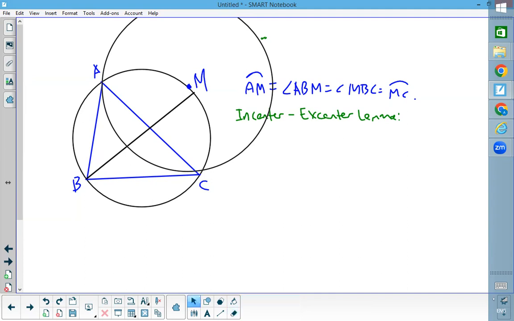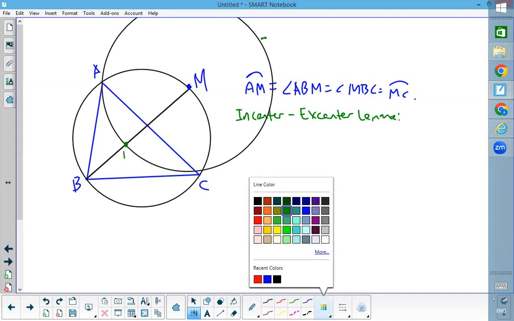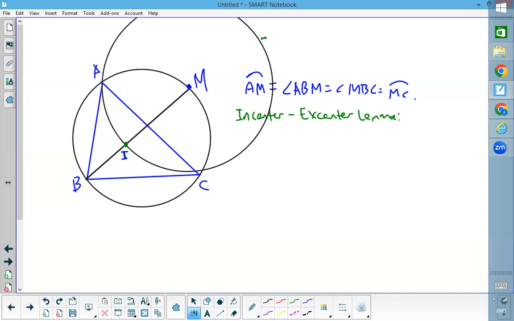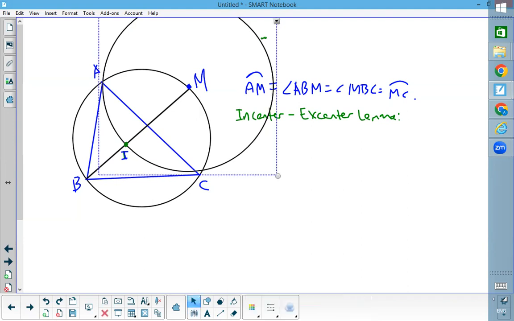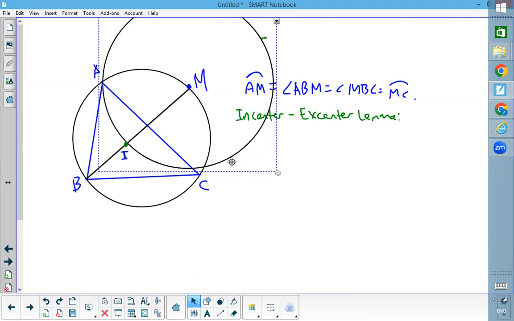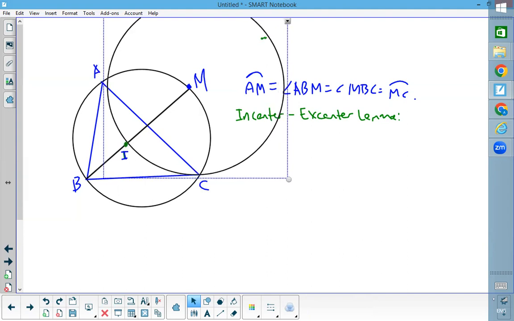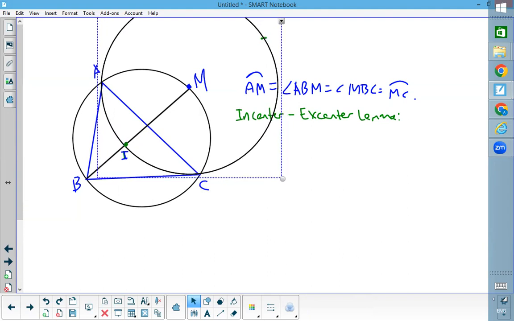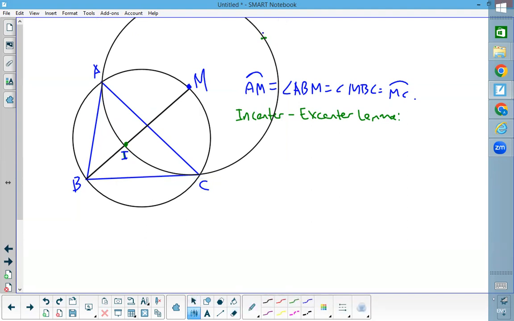Basically, the incenter-excenter lemma tells us that the circumcircle of AIC has center point M, right? And this circle also goes through the center of the B-excircle, the B-excenter.